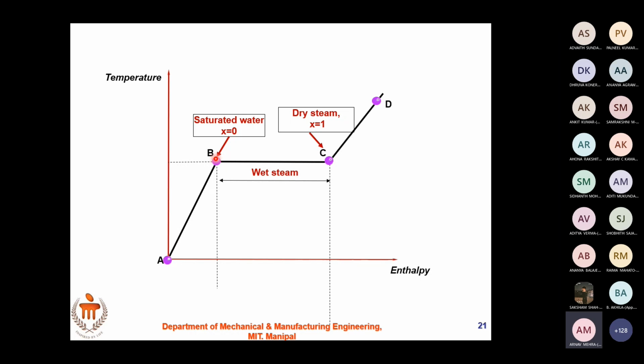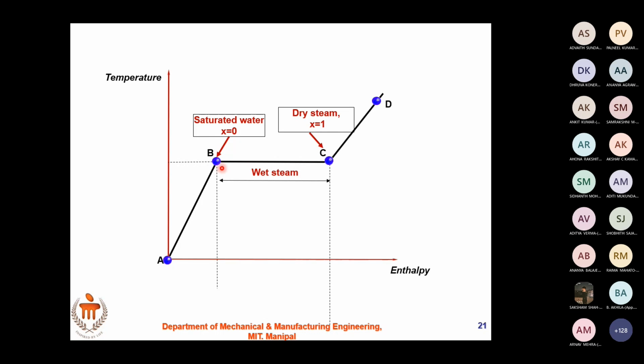To change phase. Is the temperature changing? No, even though we are adding heat. Till where will this phenomenon continue? Till all the water vaporizes, till all the liquid phase is converted into vapor phase.